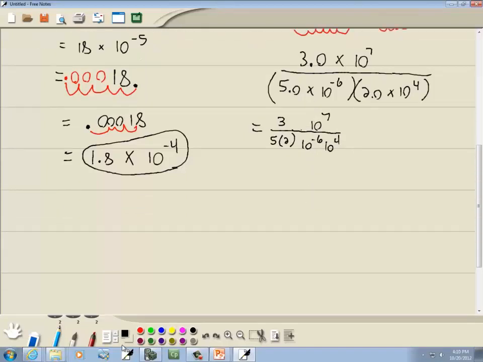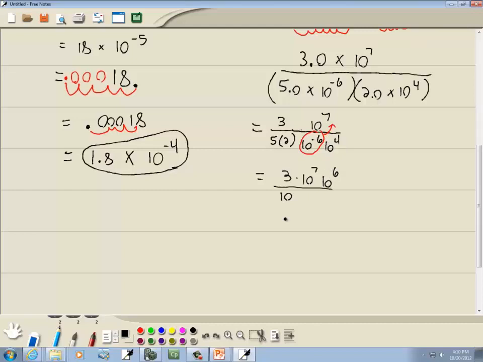We don't want any negative exponents. So that 10 to the negative 6 I'm going to take up on top. Now this gives us 3, and 5 times 2 is 10. I got 10 to the 7th here, take 10 to the negative 6 upstairs, becomes 10 to the positive 6.